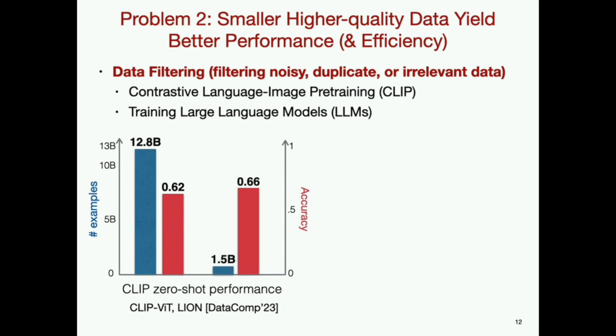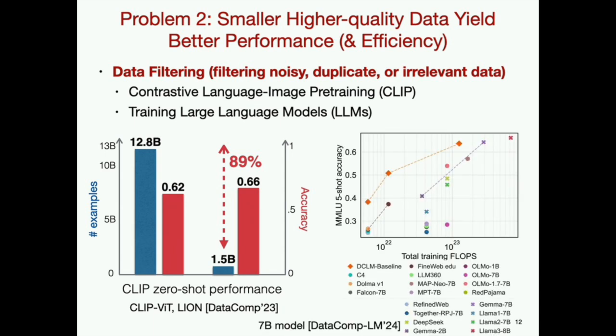But now, if we filter this data from almost 30 billion to 1.5, we are getting even slightly better accuracy, right? So this is a subset of that very big data, almost a 90% reduction, and we can improve the performance.